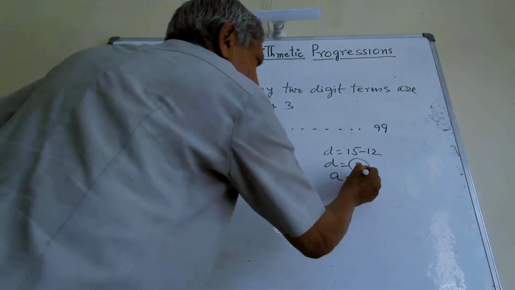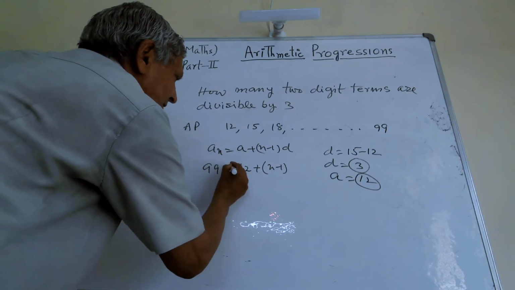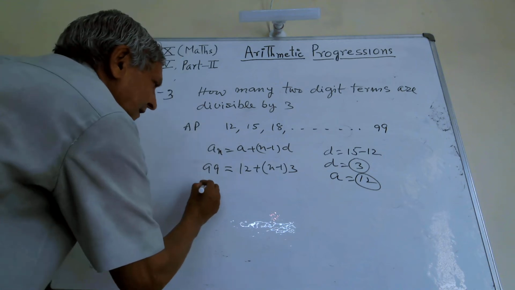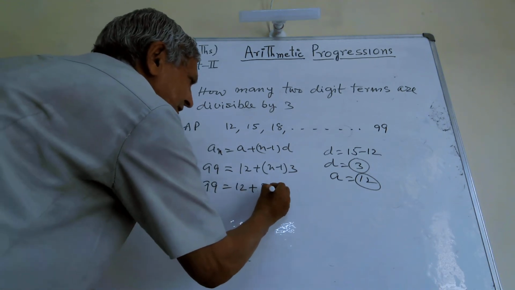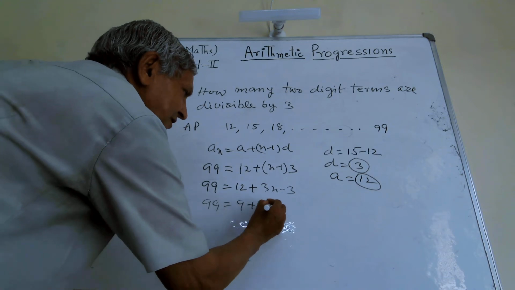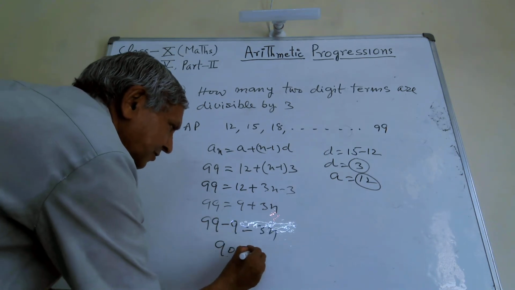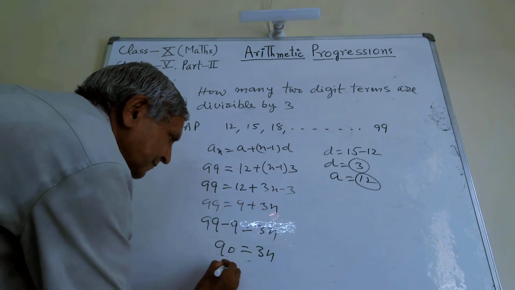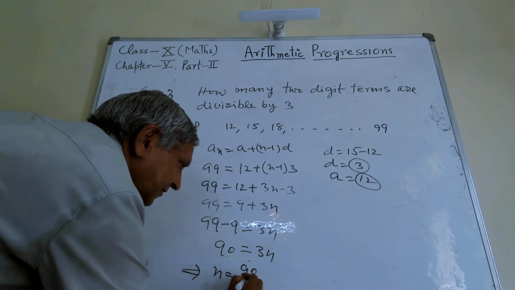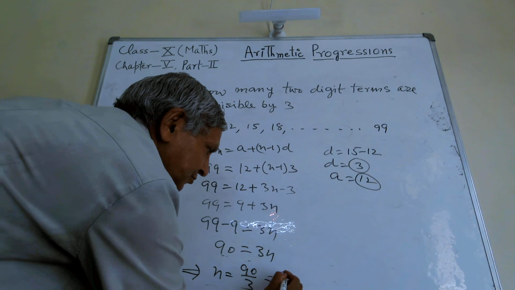By putting these two values in the formula, an which is 99 is equal to 12 plus n minus 1 into d, and d is 3. 99 is equal to 12 plus 3n minus 3. 99 is equal to 12 minus 3, that is 9, plus 3n. 99 minus 9 is equal to 3n. 90 is equal to 3n, which implies n is equal to 90 by 3, which is 30.